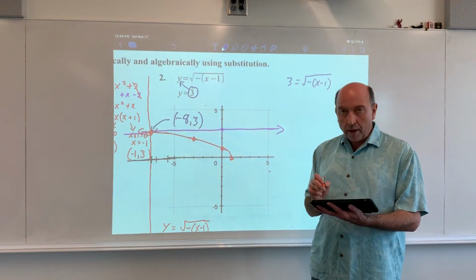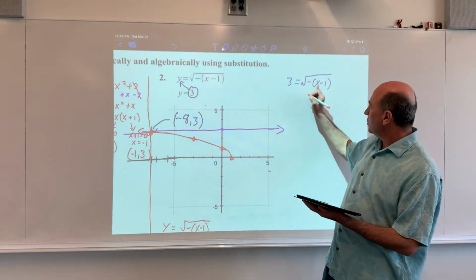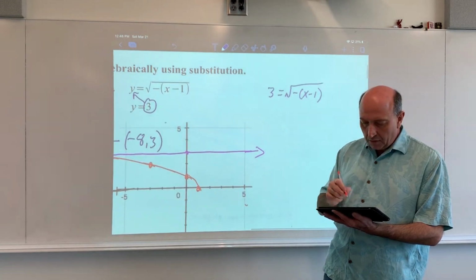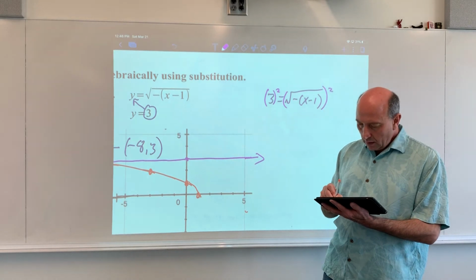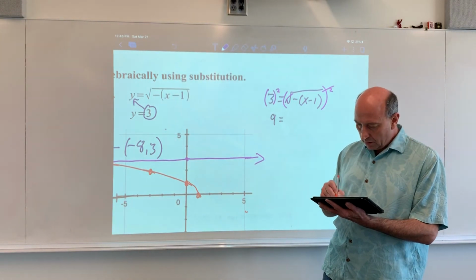Now, to solve square roots, from the last worksheet, I want the square root by itself, which it is. When it's by itself, I will square both sides. The square root and the square cancel, and I'll get 9 equals the negative of x minus 1.